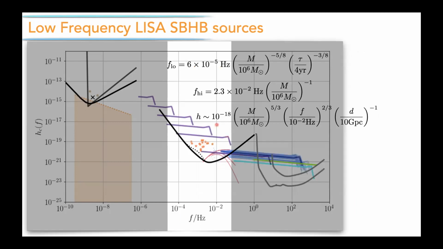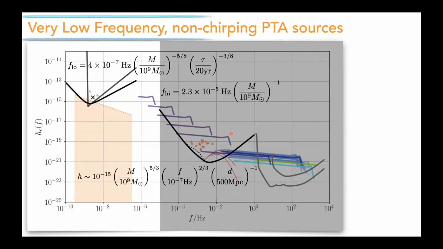In the middle, if we go to lower frequencies, these 10 to the 6 solar mass black holes kind of range in frequency from, as you might have guessed, because LISA was designed for this, these 10 to the minus 5 hertz starting points down to mergers at 10 to the minus 2 to 10 to the minus 1 hertz. And then finally, if you do the same exercise for these really massive 10 to the 9 solar mass binary black holes, then this low frequency, above which they chirp, is actually higher than the pulsar timing band.